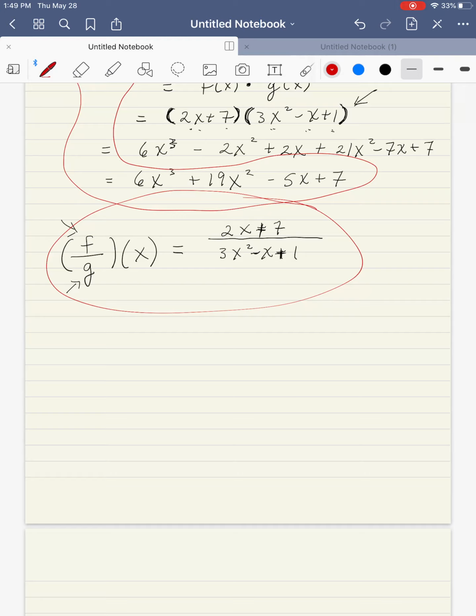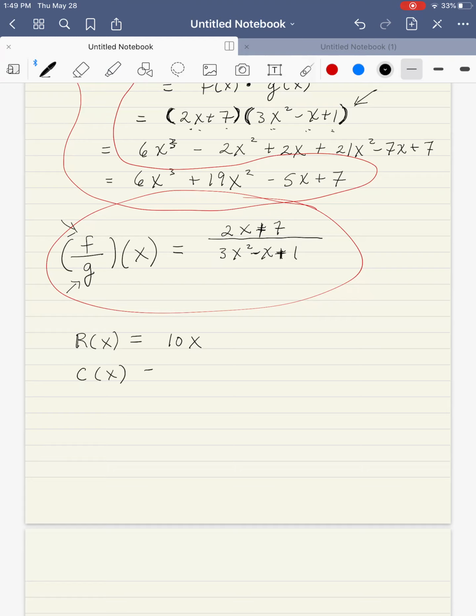Now, why is it important to understand addition, subtraction, multiplication, and division of functions? In the real world, quite often, you can find new functions using those four operations. For instance, suppose we have a revenue function, R of x, of selling some product, revenue is 10x.